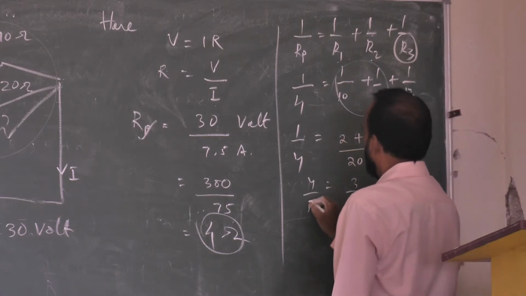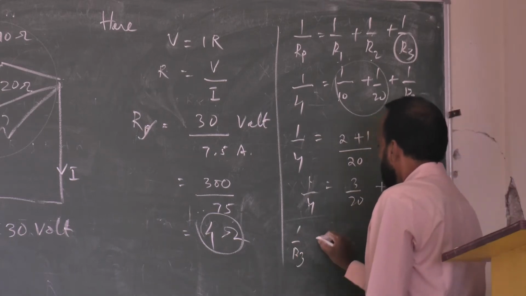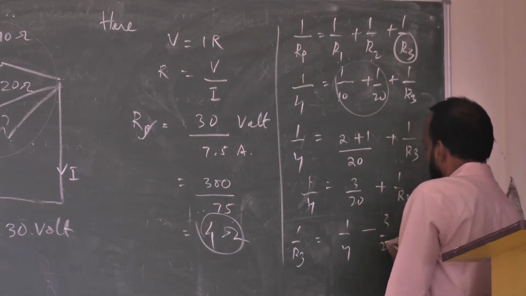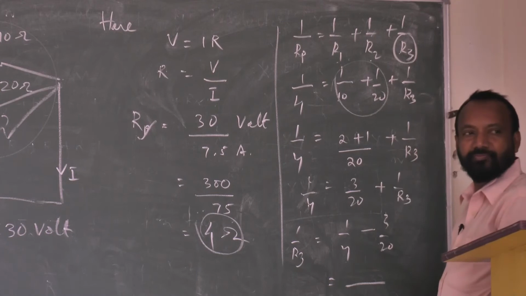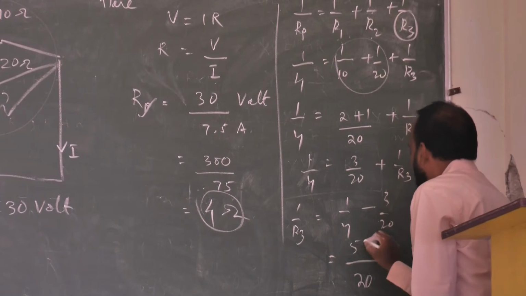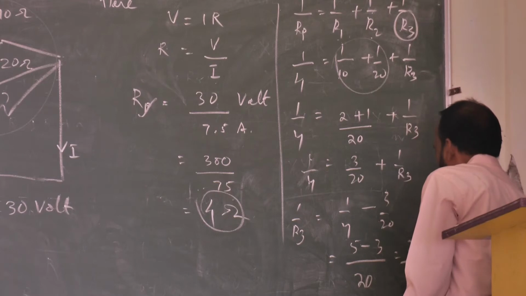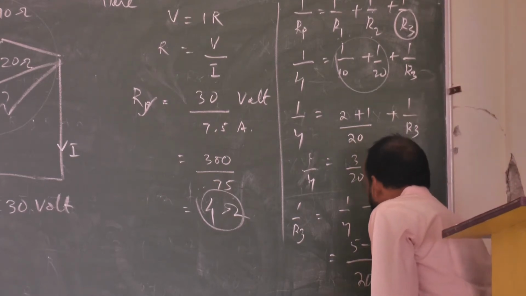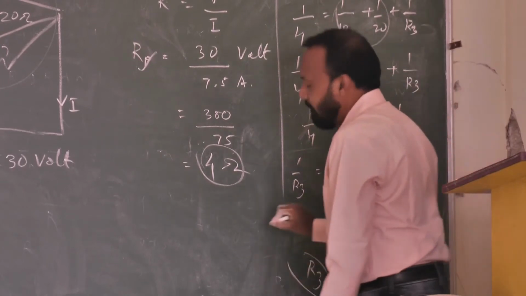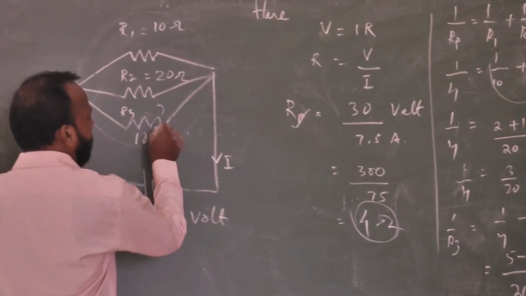So 1 by R3 is equal to 1 by 4 minus 3 by 20. The LCM of 20 and 4 is 20, so this is 5 minus 3, that is 2 by 20. So R3 is equal to 20 by 2, that is 10 ohm. So I got R3 as 10 ohm. You understood or not?